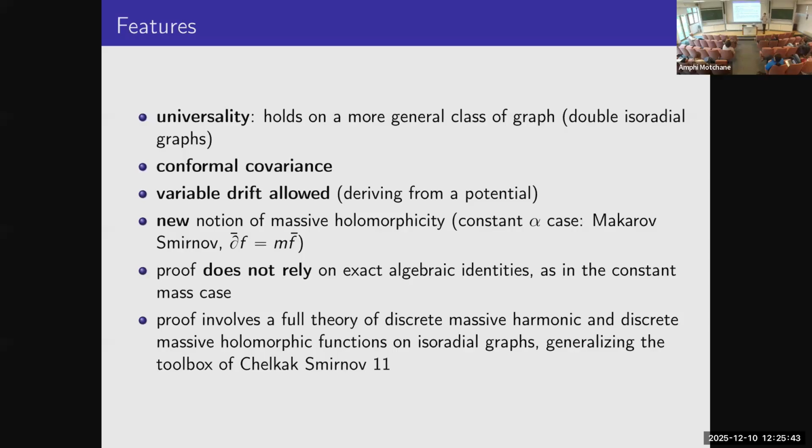Well, it is a much older theory, but they gave a very nice toolbox on isoradial graphs. And what we do is develop a similar toolbox for discrete massive holomorphic functions and discrete massive harmonic functions.